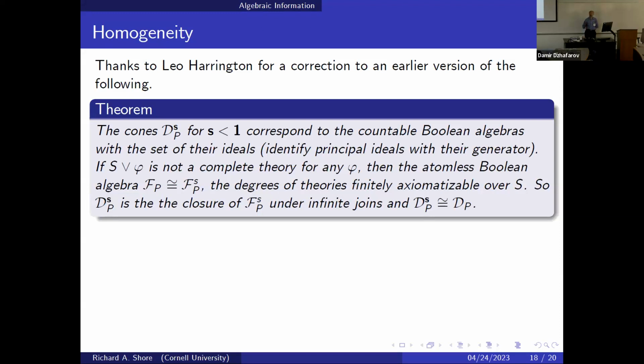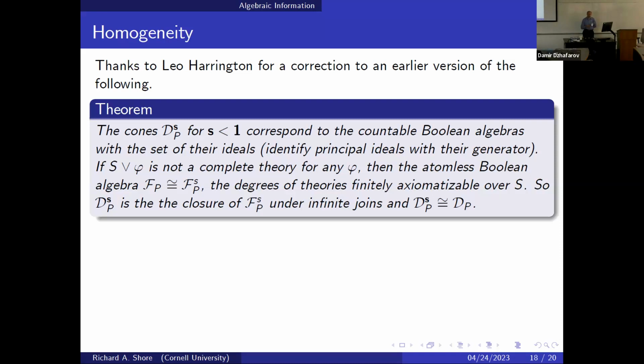This is essentially undecidable, or hereditarily, I never remember which order the adjectives go in. So if S can't be pushed up to a complete theory by one axiom, then the Boolean algebra of the finite extensions of S is atomless, because iterating finite extensions is a finite extension.